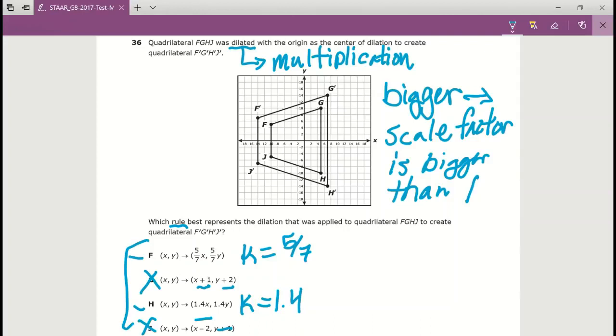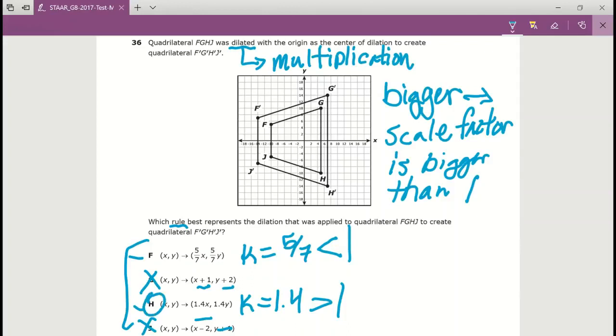Some of you might realize that 5 is smaller than 7, so I know that this is less than 1. But if you're not convinced, type it into your calculator. 5 divided by 7, control enter. You will get approximately 0.7, and we know that 0.7 is less than 1. Here, choice H, 1.4, we can clearly see that that is bigger than 1. So choice H is our answer.